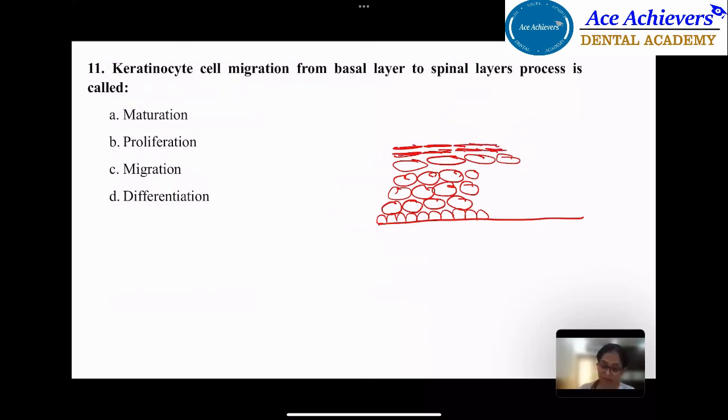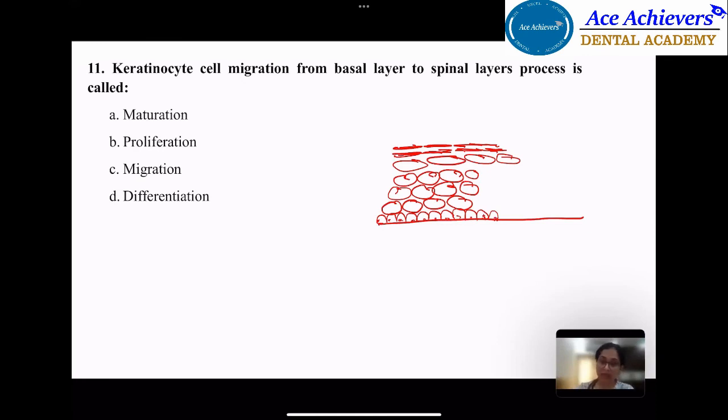Remember, as the cell is migrating, the basal cells have stem cell potential. When mitosis takes place, it is completely up to the cell whether it wants to stay in the basal cell layer or move up into the next layer, the stratum spinosum.